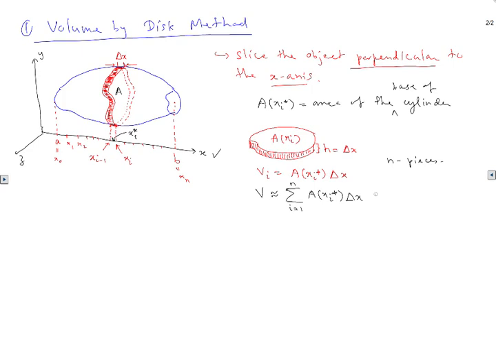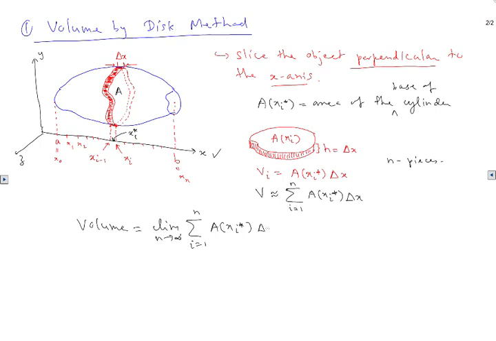So the volume is simply given by the limit as n goes to infinity of the sum, i going from 1 to n, of A(xi star) delta x. Sending n to infinity means you cut into more and more pieces, so this is a really good approximation.